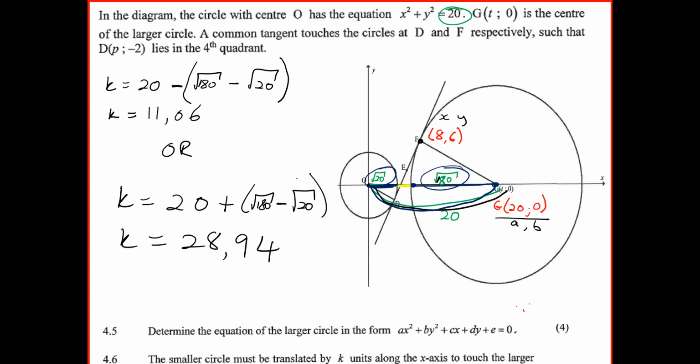And then we can also add it to that so that it doesn't go beyond the point, and make sure that K will be the two values called 11.06 or 28.94. So let's read the question again. The small circle must be translated along the x-axis to touch the larger circle internally. Okay, and calculate the possible values of K.